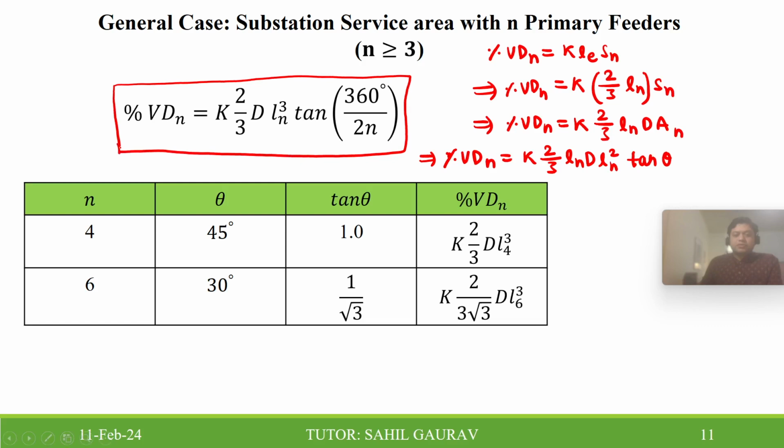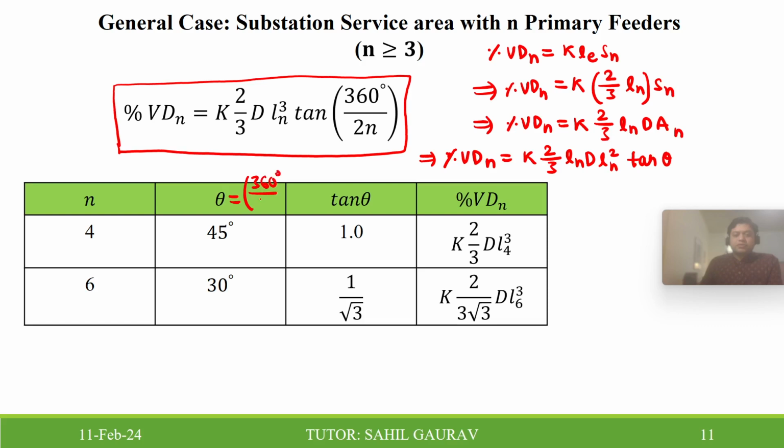Now just for assuming the case, if you have a square service area where four primary feeders are there and each primary feeder has a triangular service area, in that case what will be the percentage voltage drop across each feeder? So you have to just use this value, theta is equal to 360 divided by 2n, we know that.